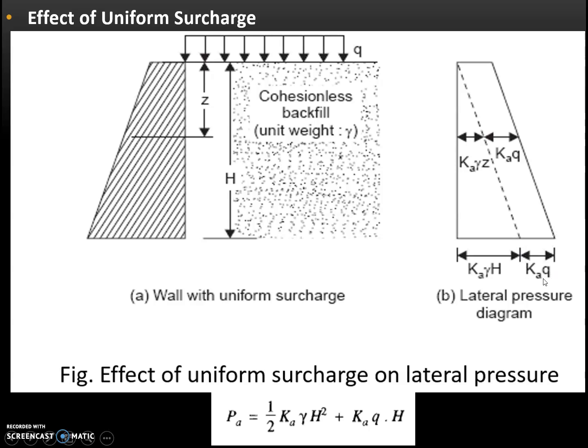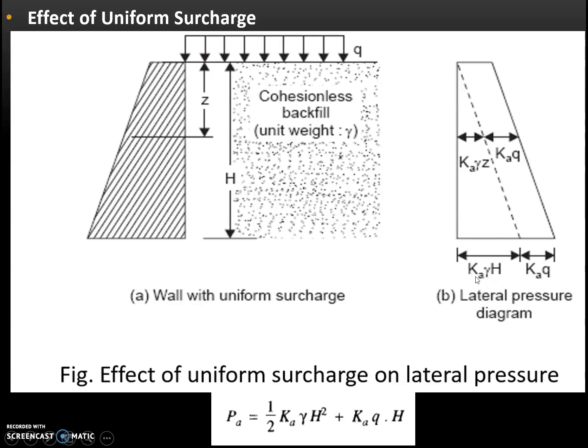This diagram is called the lateral pressure diagram, and Pa is given by the area of this triangle and the area of the rectangle.